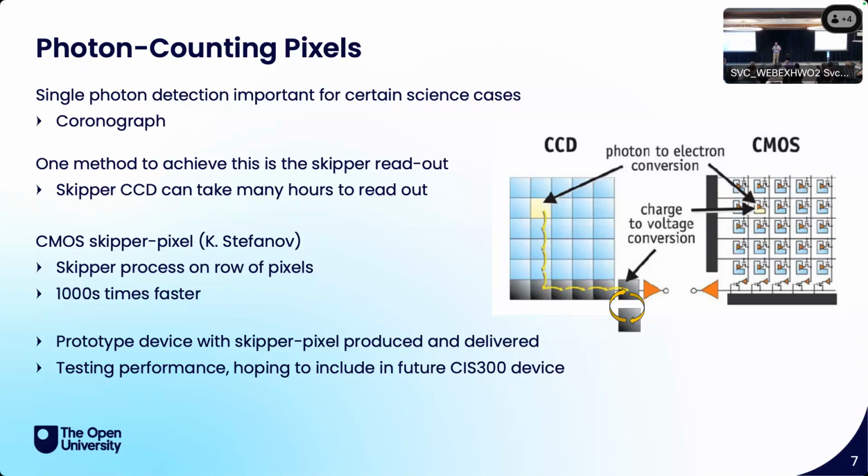We have a prototype device that's been produced. I think it's been delivered to a lab, and we'll be starting testing very soon. The hope is that in future versions of the SIS300 device family, this can be implemented as another mode of operation, so you can do many different things depending on your science data.